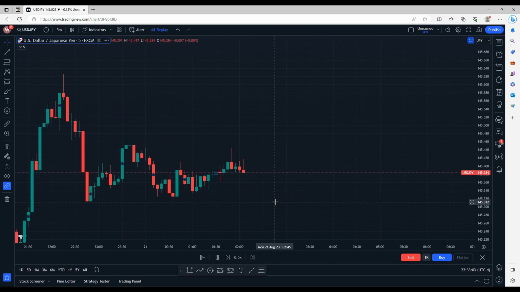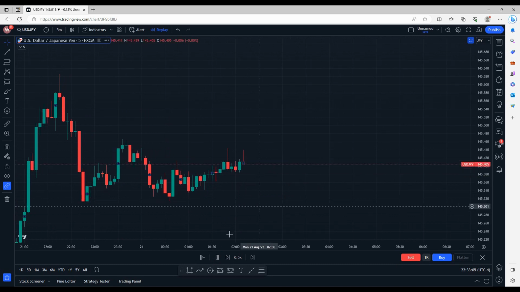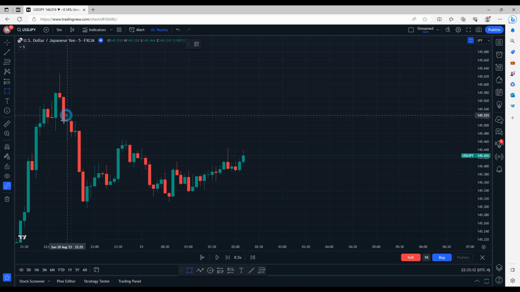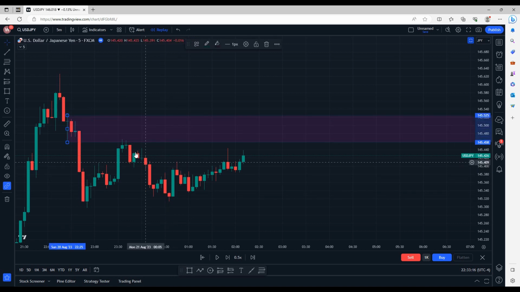Again, the strategy that I'll be using is supply and demand. You can already tell that there was a setup here that hit right in the beginning of the morning. So there was a supply here, sharp or aggressive selling, and then it came back, hit it, and went back down.